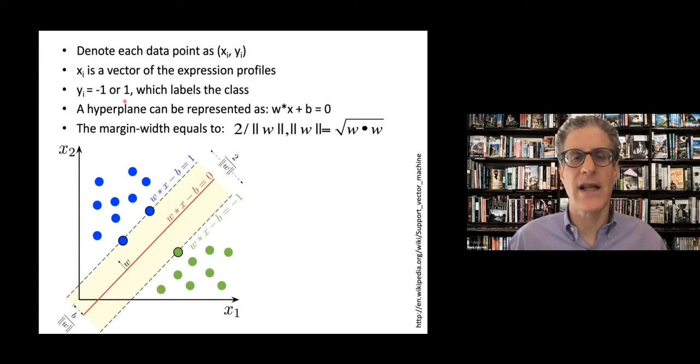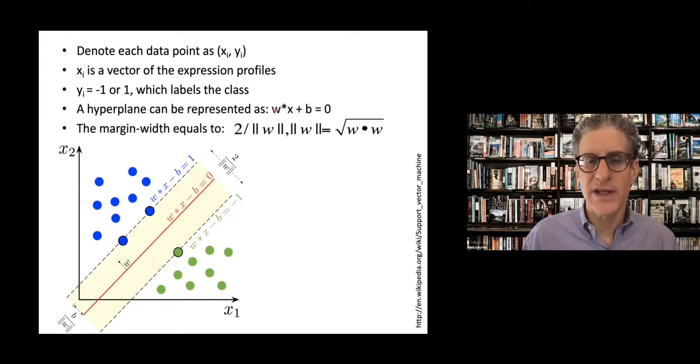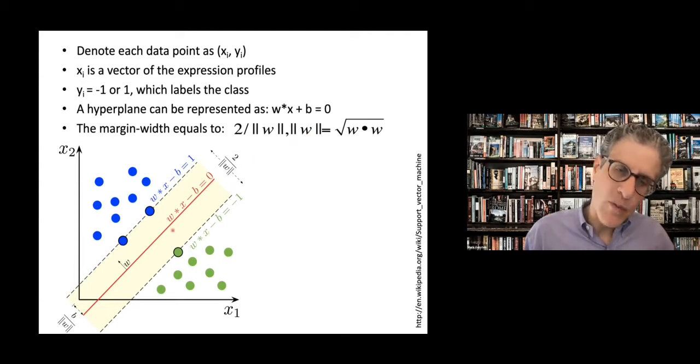It's a class label. Now, the hyperplane between these two we can represent mathematically in this particular form, where you can imagine W as a normal vector to the plane. And then, I won't go through the details, but the key idea is that from looking at W, you can figure out the width of this margin here.